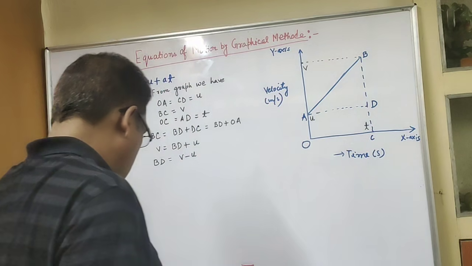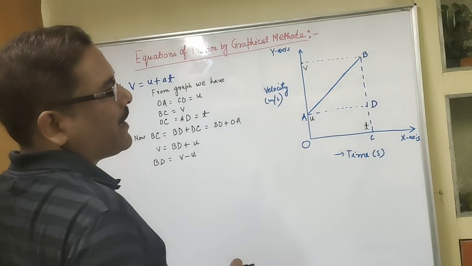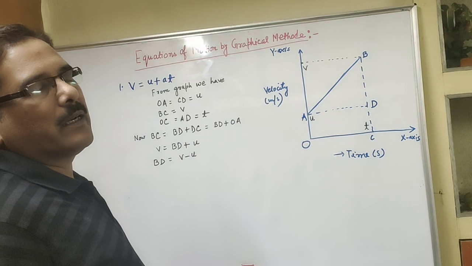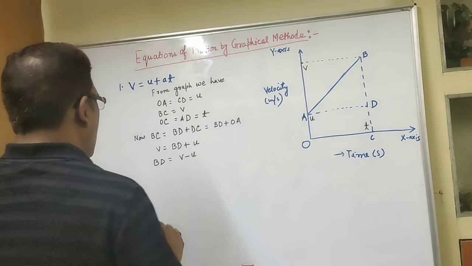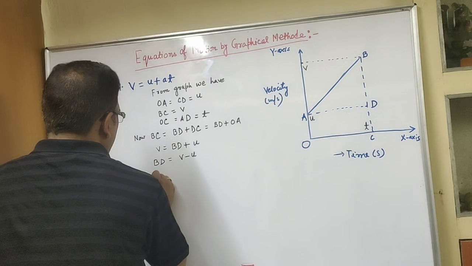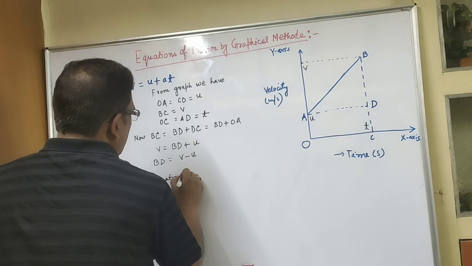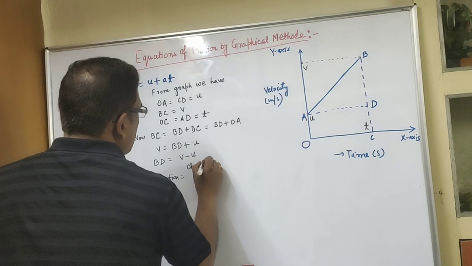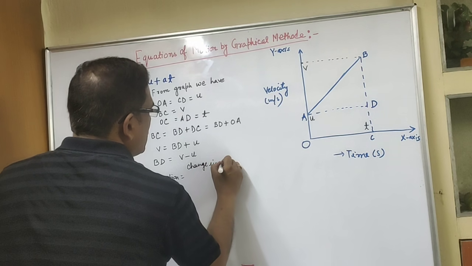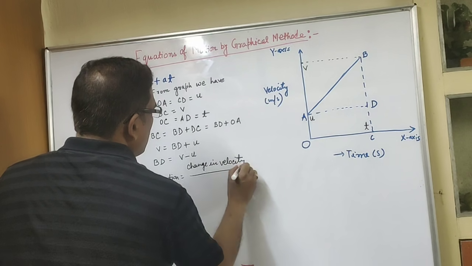So BD represents v - u. Now earlier we have discussed the definition of acceleration, and according to that definition, acceleration is equal to change in velocity by time.